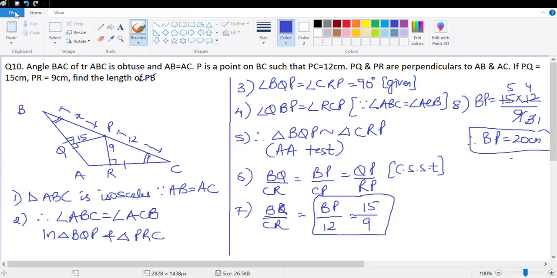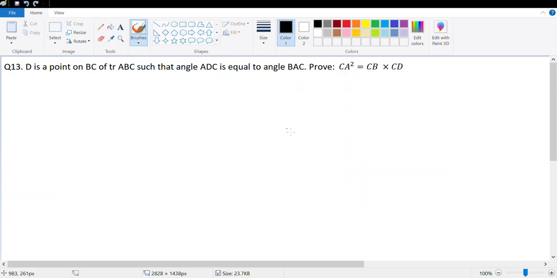The next question that we do is question number 13. Question number 13 says D is a point on BC of triangle ABC such that angle ADC is equal to angle BAC. Again, no rough diagram given, so let's draw a rough diagram.